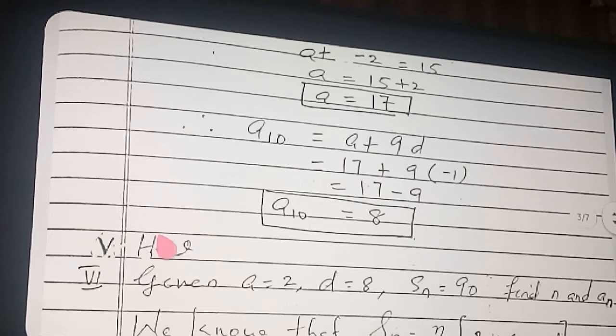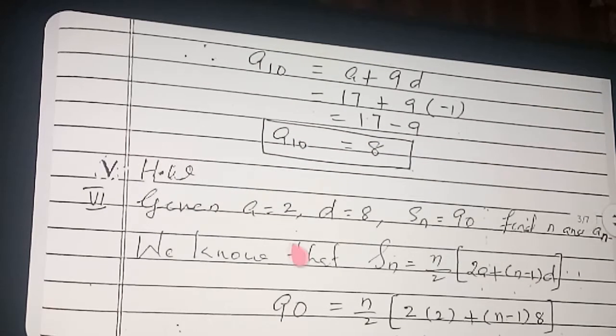Now question number 5, the teacher has written as a form up. And next, question number 6: you see what is given. Read it. A is equal to 2, D is equal to 8 and Sn is equal to 90. This type of sums are important. Sn is equal to 90, and what do you want to find out? Find n and an.